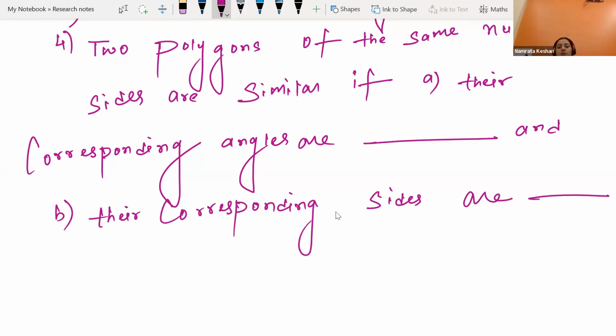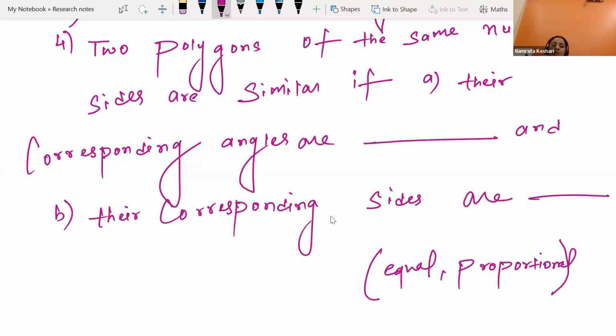Okay, for both blanks the options are equal or proportional. This may not be given in your exam, but here since it is given, I am writing it. What shall we fill in the first blank and what will be in the second blank?